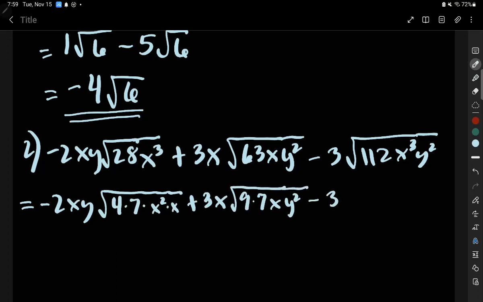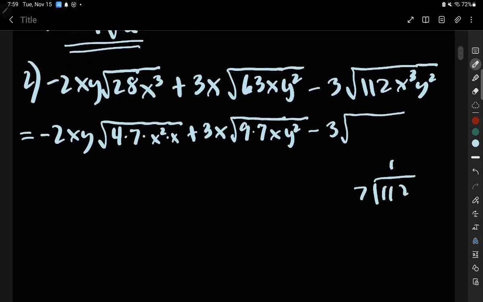Minus 3 times square root of, all right, so 112, how can we separate this 112? I think it's divisible by 7. Am I correct? Because what we want is to retain a 7 inside, so that it's the same.